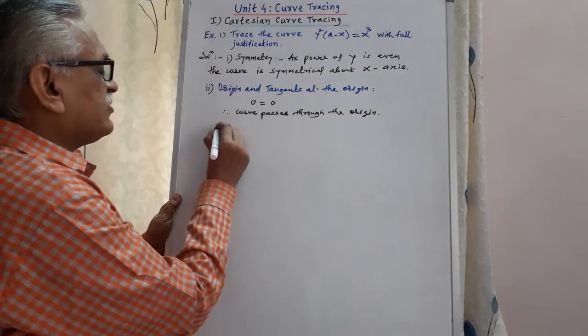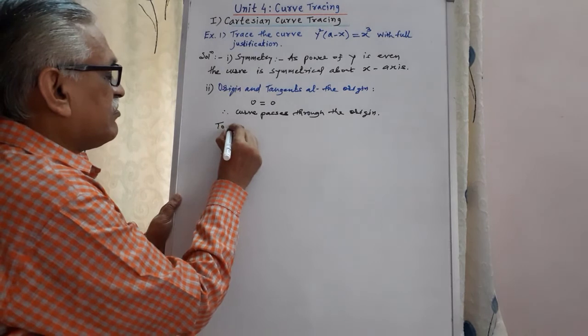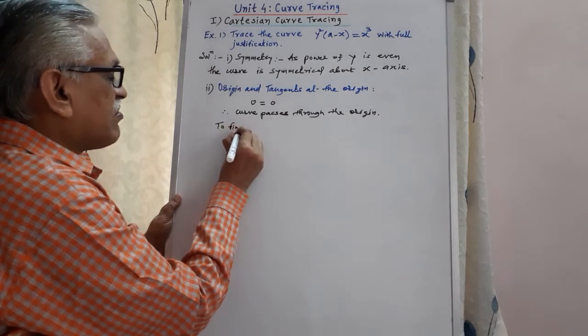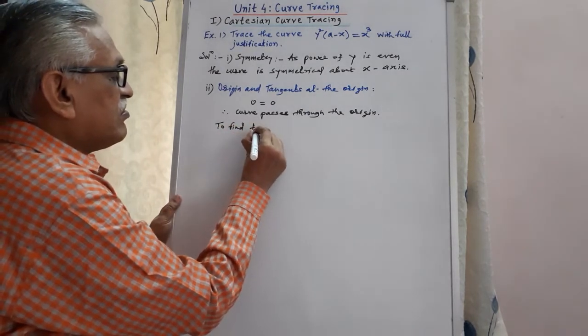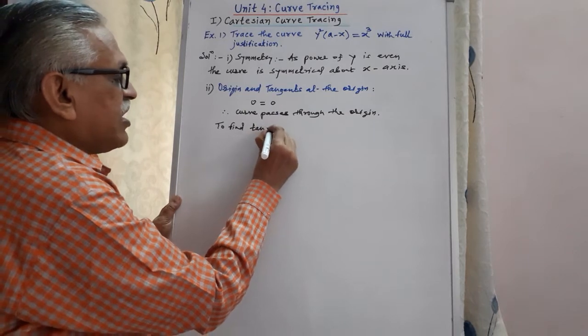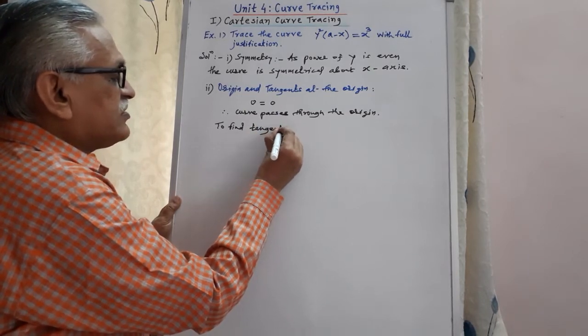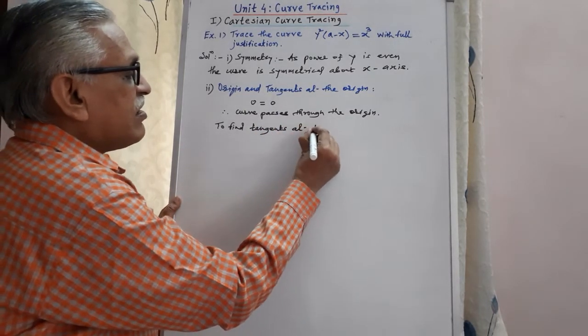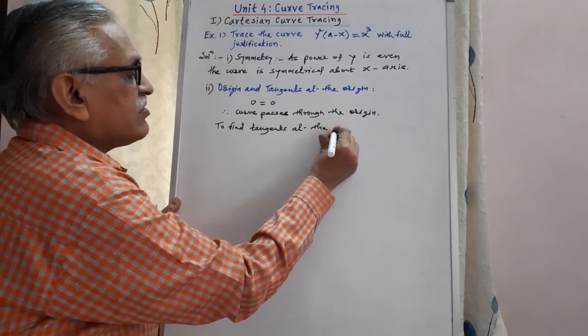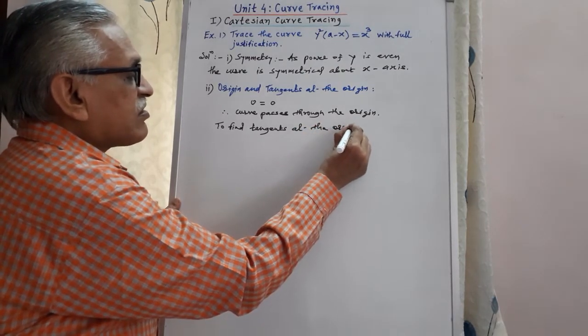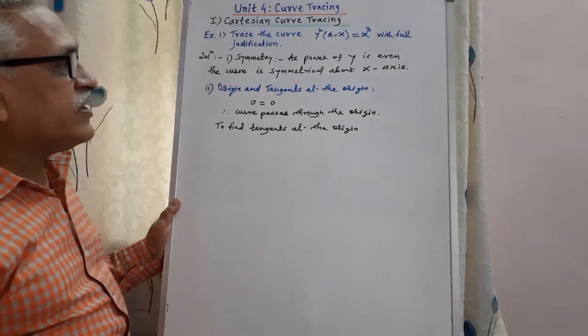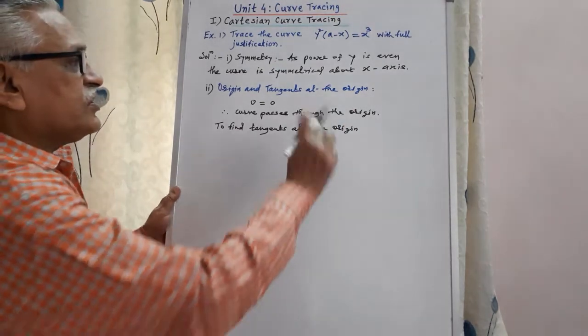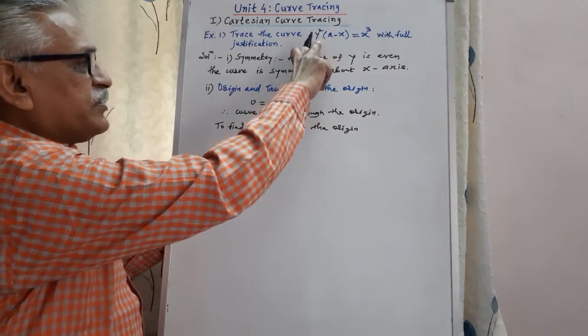Therefore, to find tangent or tangents at the origin, we have to equate lowest degree term to 0. Therefore, we try to find out the degree of each and every term.